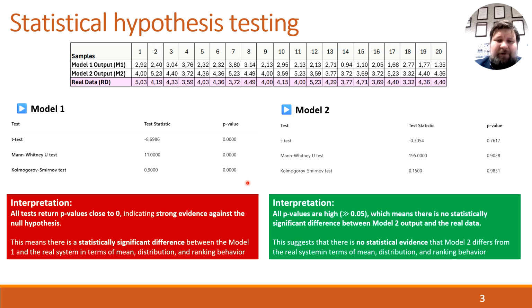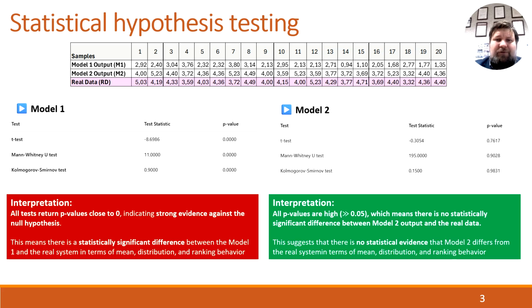And for us, it's really very important to understand how a p-value can be used for decision making about statistical hypothesis acceptance or rejection. So for example, for model 1, all p-values are really close to 0, so we reject the null hypothesis that the model is statistically the same as reality.